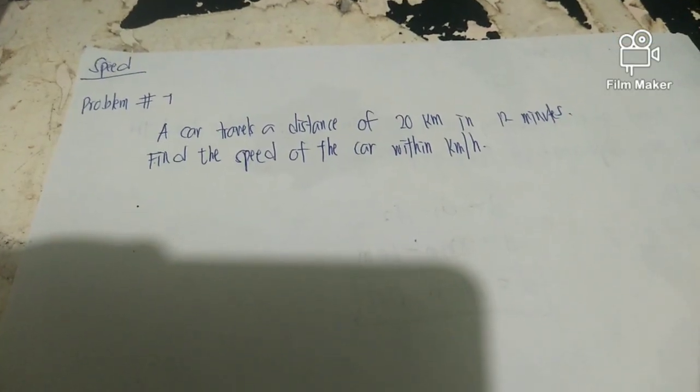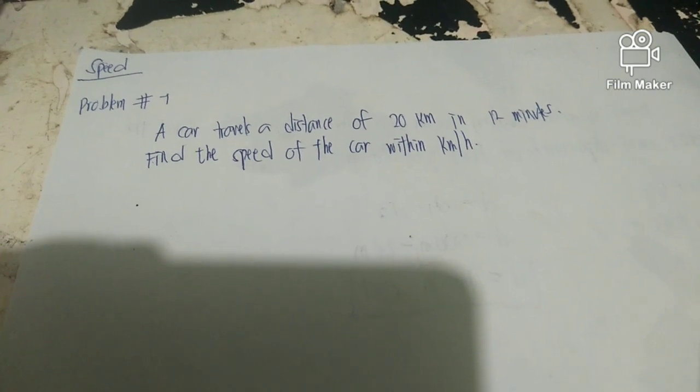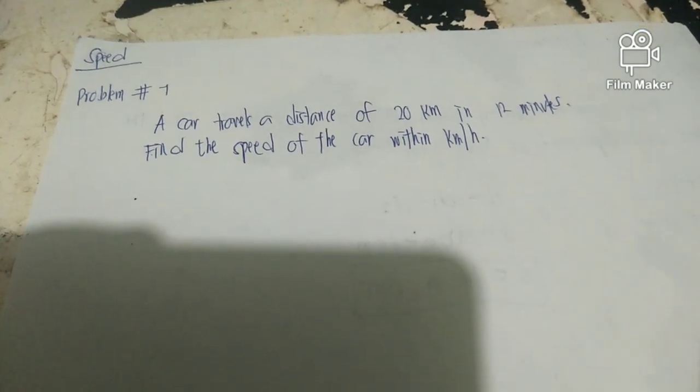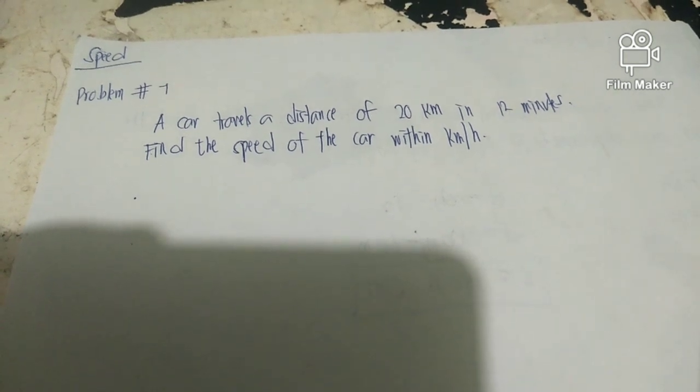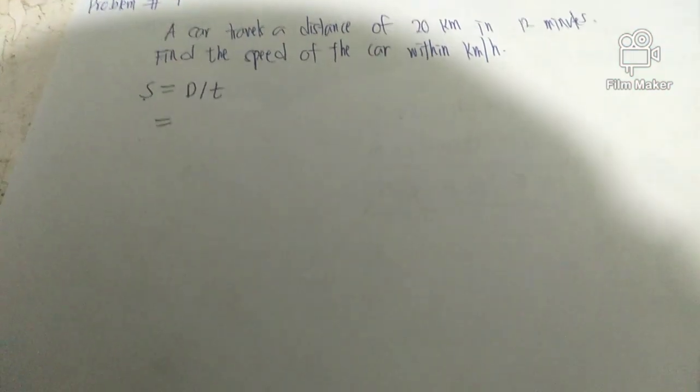So problem number 1 of speed. A car travels a distance of 20 km in 12 minutes. Find the speed of the car in km per hour. So the formula of speed is speed equals distance divided by time. So the distance given is 20 kilometers. Then the time is 12 minutes.